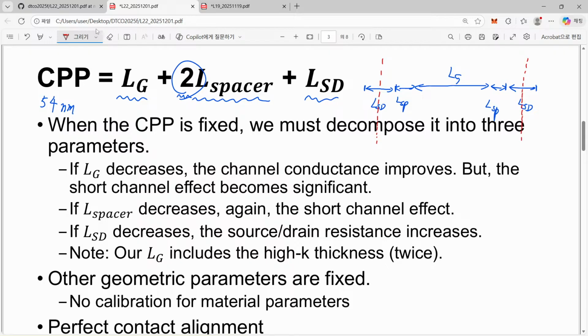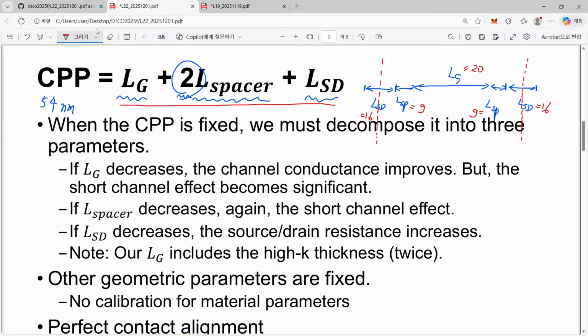That's the reason why the entire CPP value is made by this simple expression: LG, spacer length twice, and source drain length. In our typical example in this ASAP model, LG was 20 if I remember correctly, and the spacer was 9, so we have 38 already, and this one was 16 and 16, so half of it, 8, was assigned to each device.